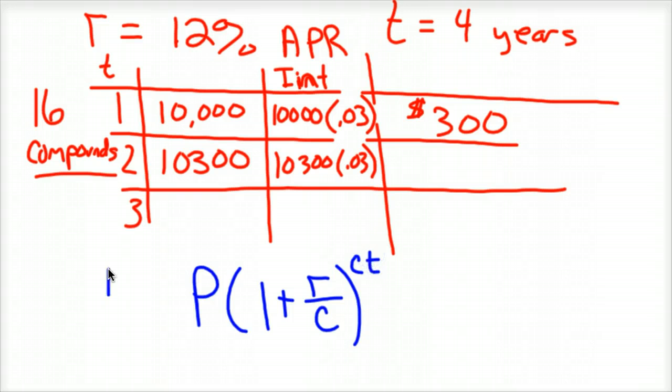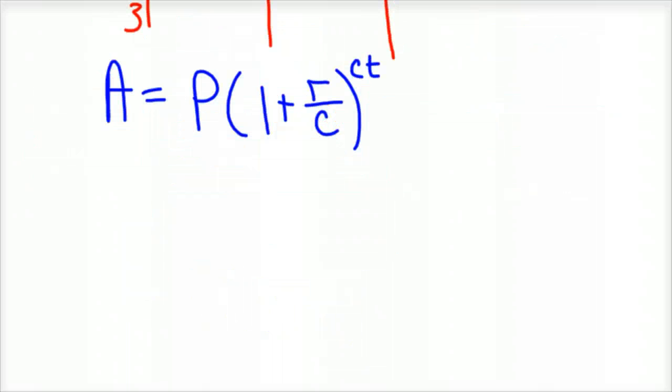So this is our total amount we're going to end up with. So in our case, our principal was $10,000. And you could do the table, but this works just as well. And I'll show you how to derive this in the next video.